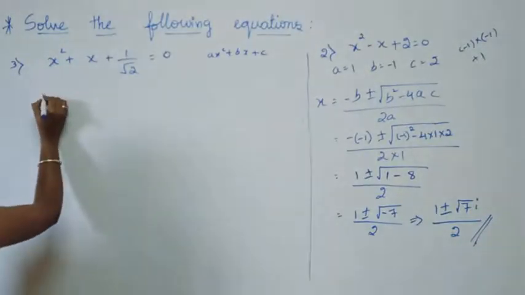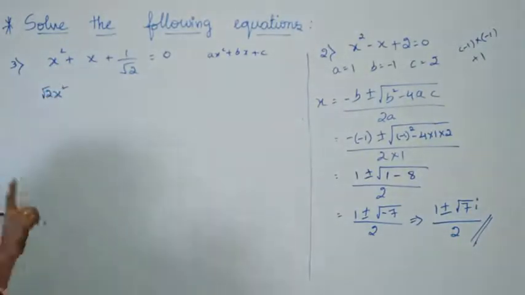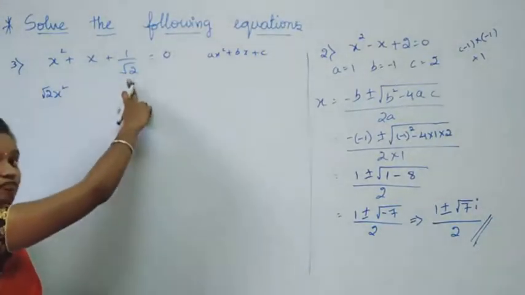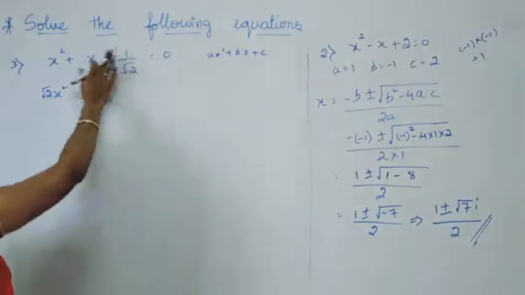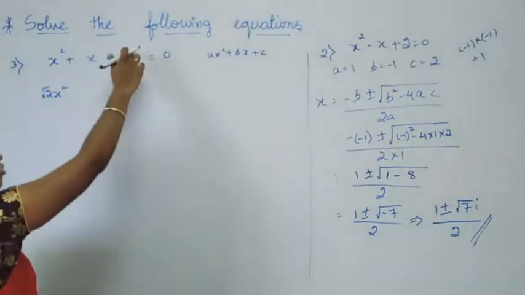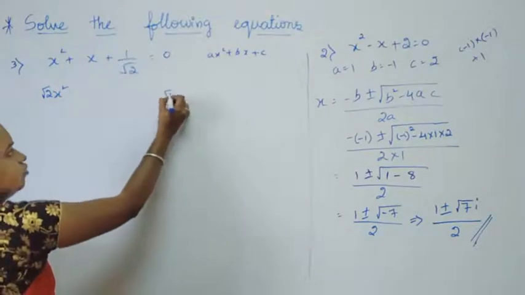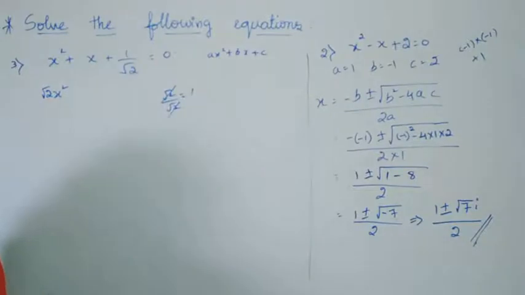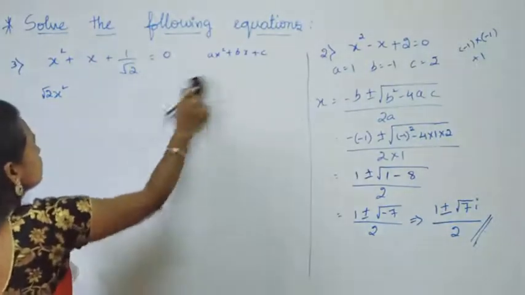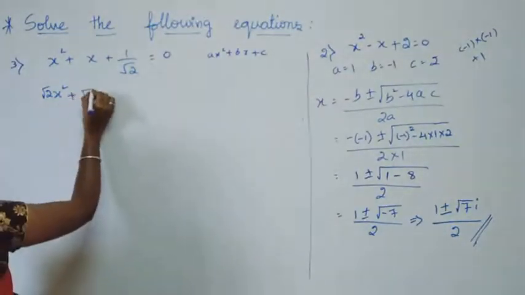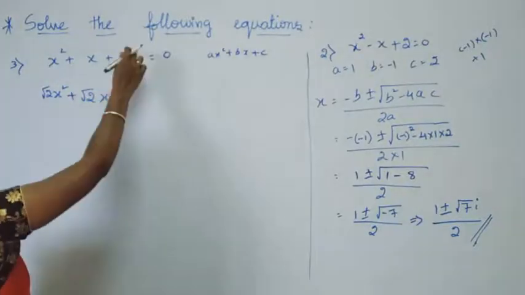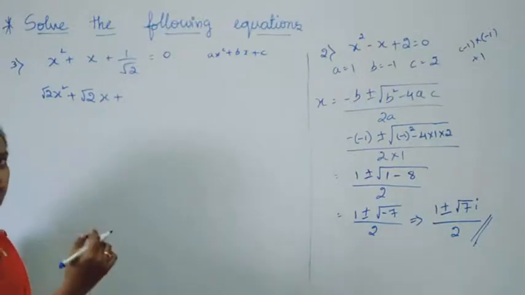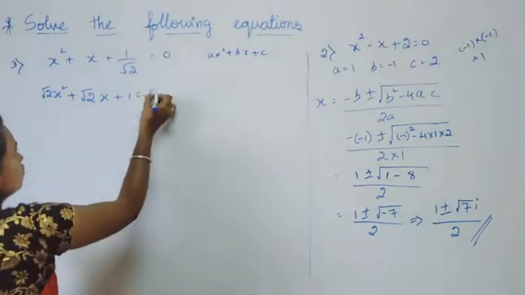So it becomes root 2 x square plus root 2 x plus, when you multiply this term by root 2, root 2 divided by root 2 becomes 1, is equal to 0.